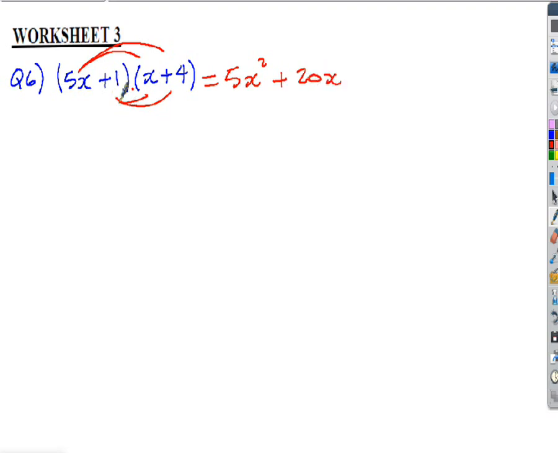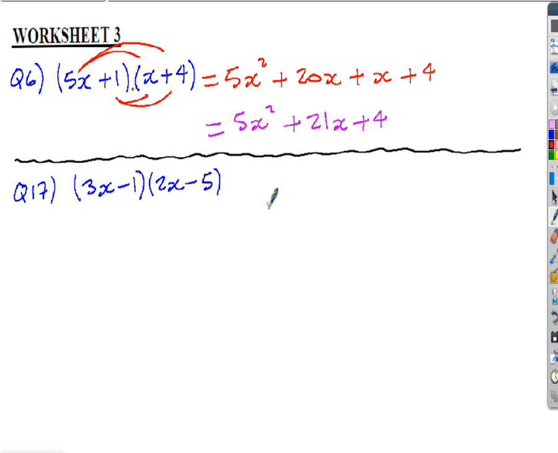And we get 1 multiplied by x, so that's positive x. And then 1 multiplied by 4, so positive 4. Two like terms in the middle. So we're going to add them up. So simplifying, we get 5x squared plus 21x plus 4.